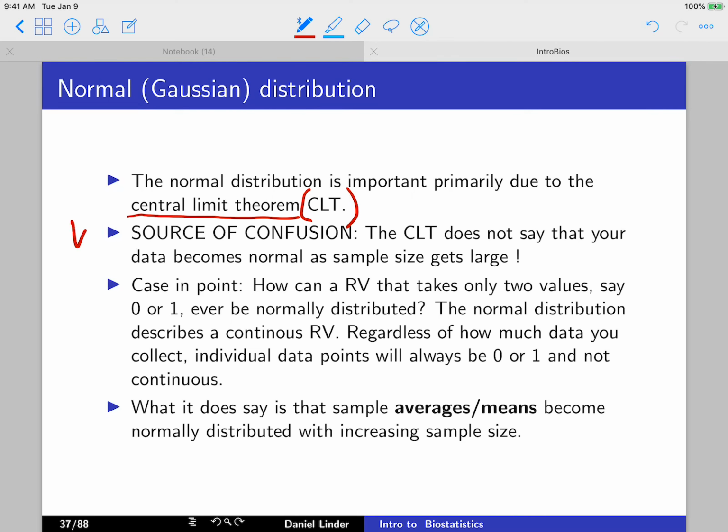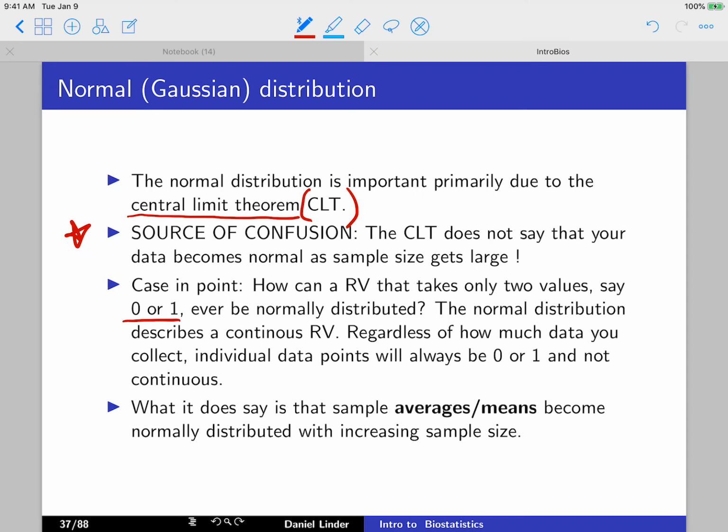In the second bullet, the central limit theorem does not say that your data becomes normally distributed as the sample size gets large. And here's a case of that. If you start out with binary or dichotomous random variables, remember, variables that take values 0 or 1, that data can never be normally distributed.